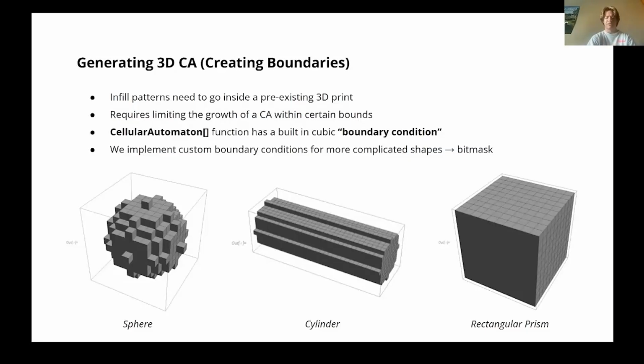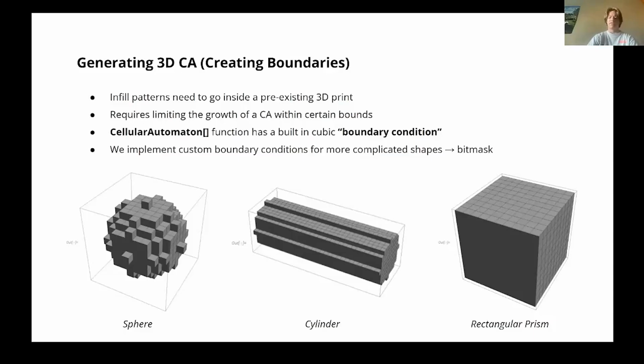First, we let the cellular automata evolve in a rectangular prism shape. For example, if we were trying to print the Eiffel Tower, we would create a bounding box in the shape of a rectangular prism. And the way Wolfram handles cellular automata, this would have a cubic boundary condition where, if you can see those faint gray outlines, if a cell went off the side of one of those faces, it would just wrap around to the opposite side of the prism, kind of like a Pac-Man game.